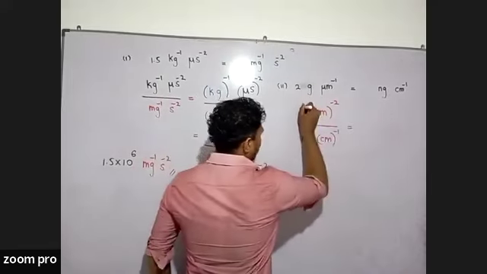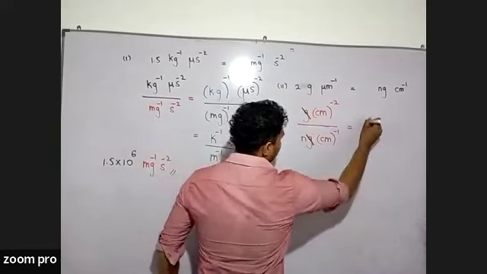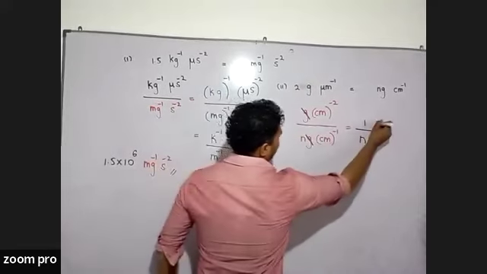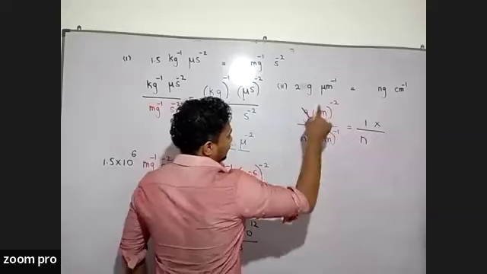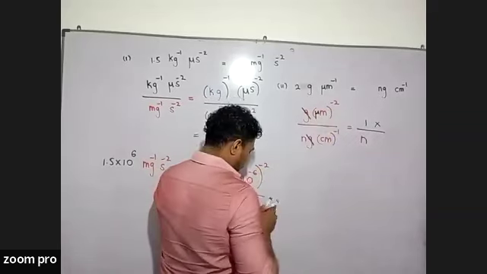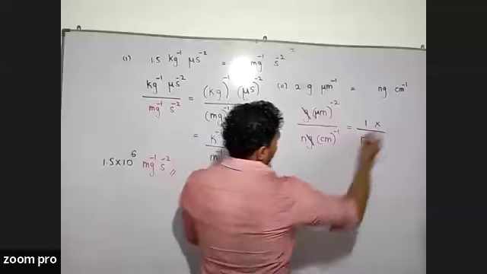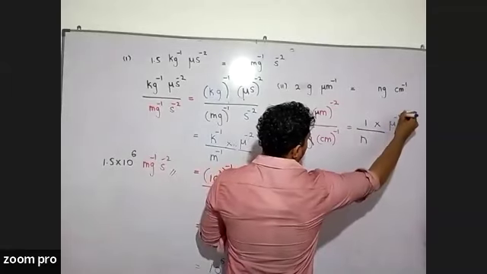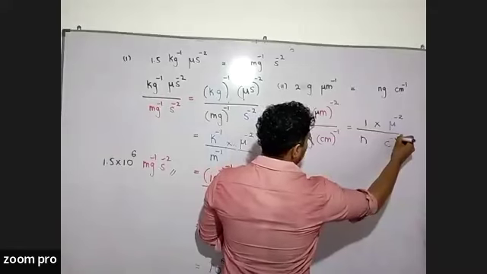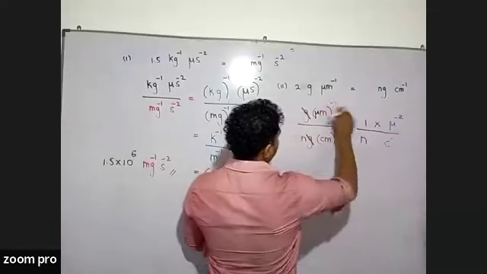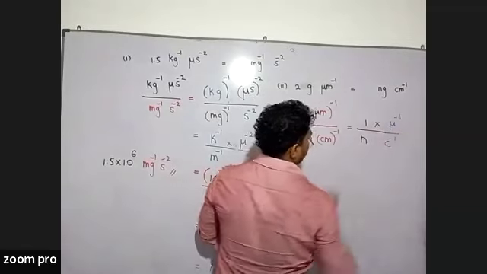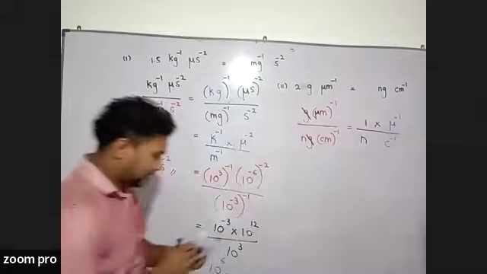So then we can cancel this gram, and in the denominator it remains nano, and when we come to this one, sorry, here we have micro. So then in the numerator we have micro to the power -2 over centi to the power -1, right?